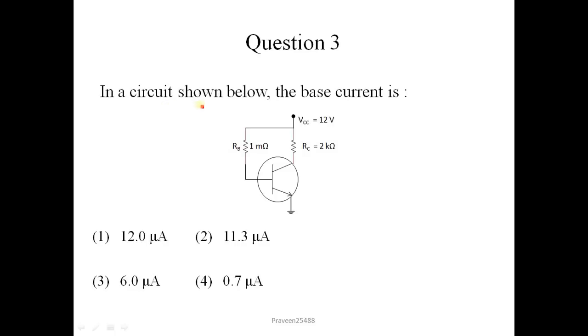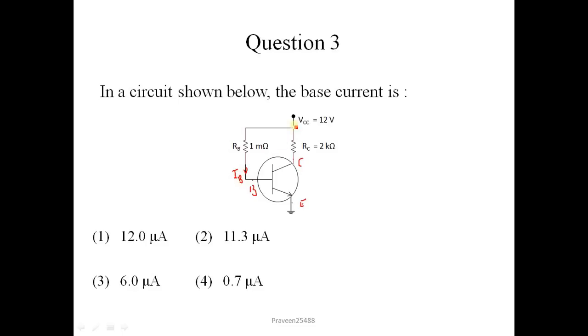In a circuit shown below, the base current is. So the NPN transistor is given here. Assume that this terminal is base, here this is collector and this is emitter. We have to calculate this base current, which is IB.